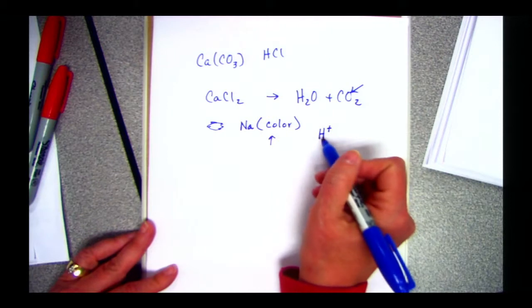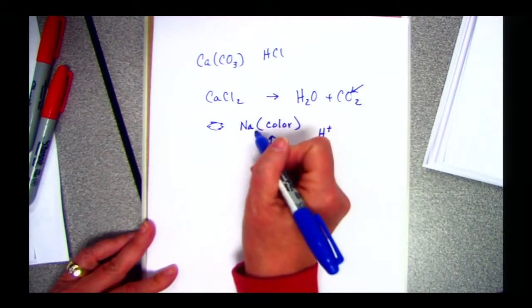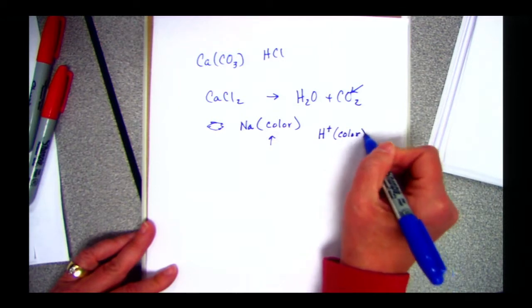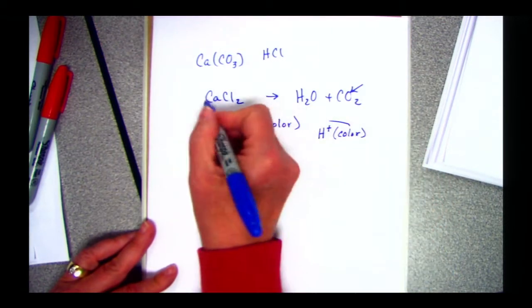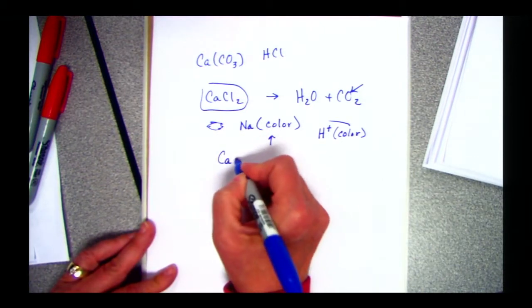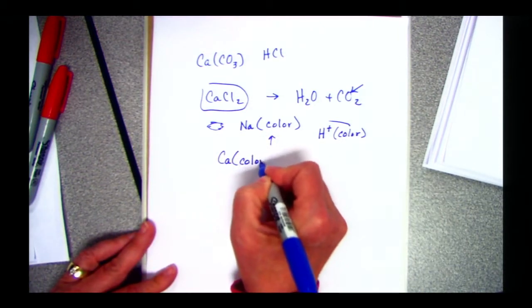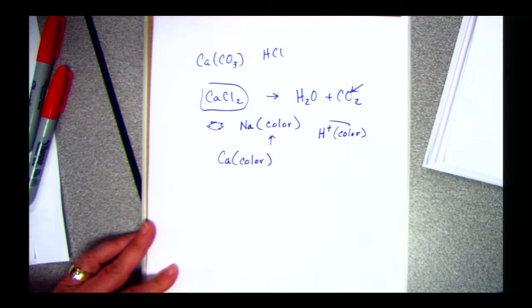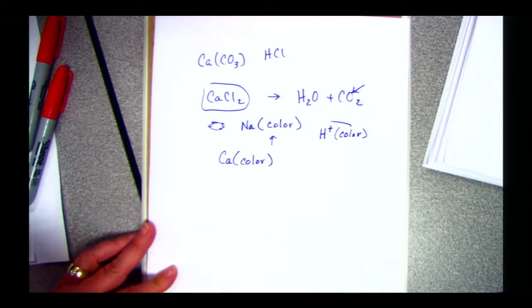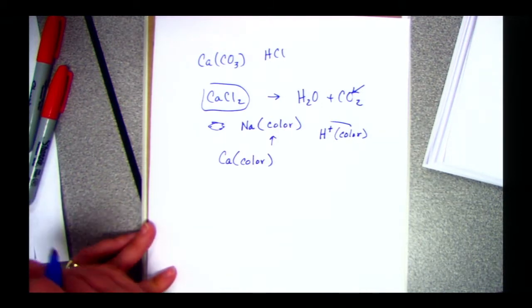The hydrogen's more reactive than the sodium, so the color is going to attach to the hydrogen, and when I produce that reaction, it's just like that, making that calcium chloride salt, except now I get a calcium color salt on the eggshell. And that's why you have to have that little bit of extra acid in there, and the more acid you put in, the deeper the color, because you'll get more reactions.